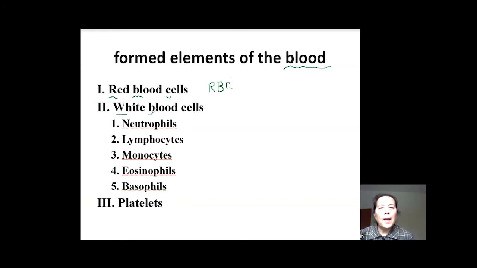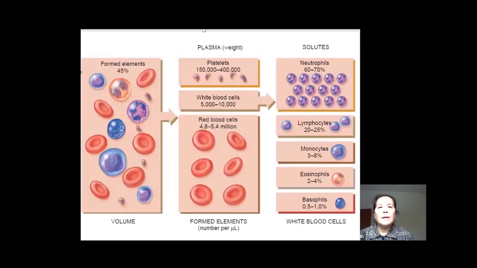And the white blood cell, we just say WBC. And the platelets. So in our blood circulation, we have three different kinds of cells. Let's see the picture here.